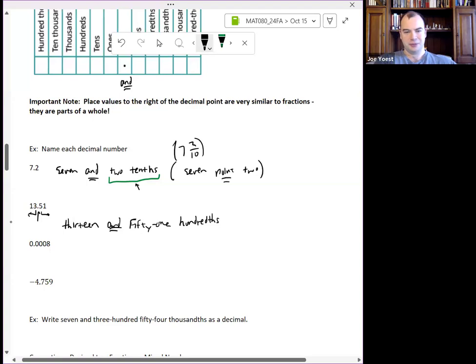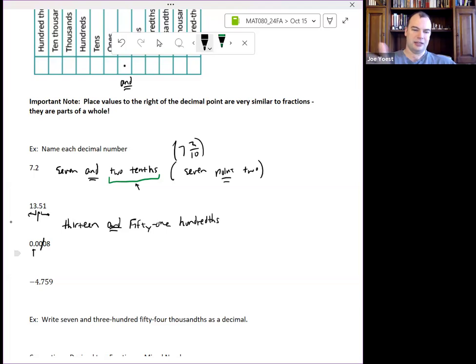If I look at this example, I might actually have to count my zeros really carefully here. Here's my decimal point. I have 2, 3 zeros, and then an 8. So sometimes if I have a bunch of zeros, I'll put a line in between them. That helps divide them in half and count them a little easier. I might split them off in increments of 2 so I can count them, or even maybe in increments of 3.